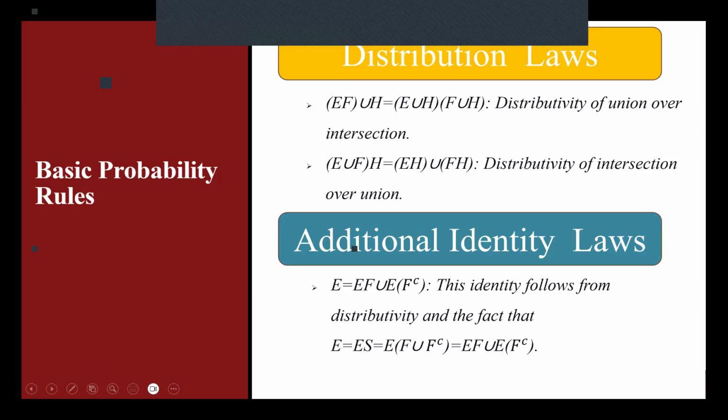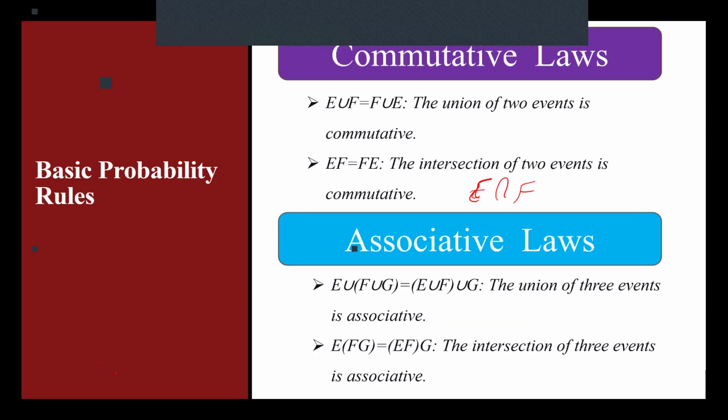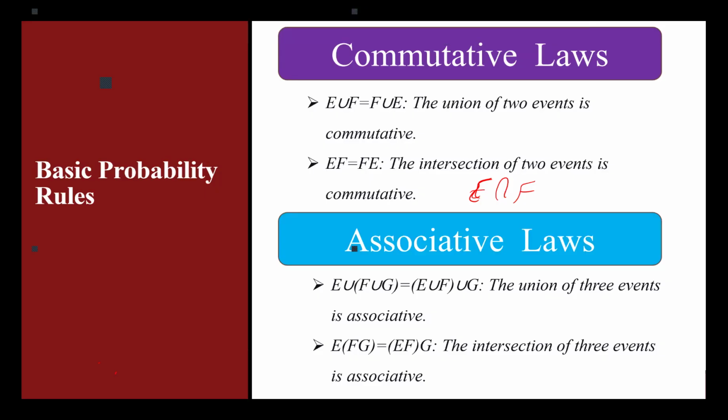You can use the previous notation, or you can simply use the multiplication notation when you want to display the intersection. Are we good?